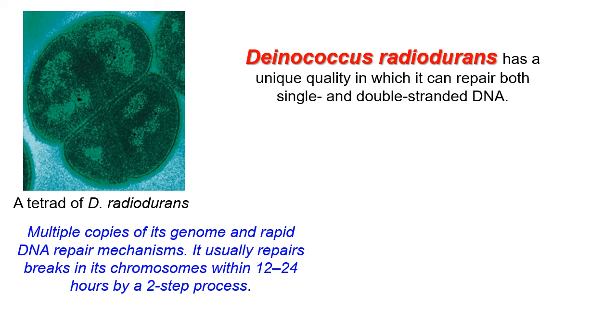It has multiple copies of its genome and rapid DNA repair mechanism. Usually it repairs breaks in chromosomes within hours in a relatively simple process. It's a very interesting effect and very important for studying and understanding what happens with the biological system under radiation exposure.